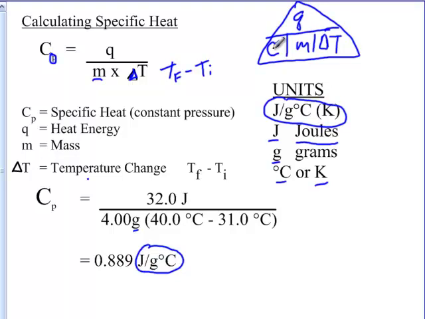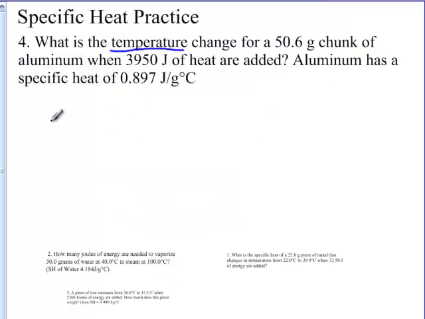Q on top divided by C times M. Okay, so write it out. Now, if your math teachers don't like you to do it this way, you can do it their way, but I find that I make a lot fewer mistakes if I rearrange the equation first. So delta T equals Q on top, C times M on the bottom.